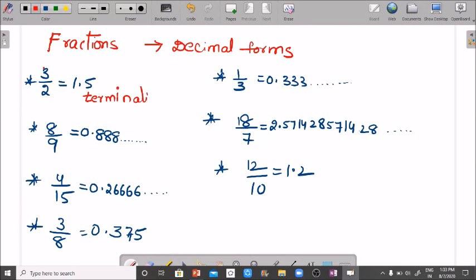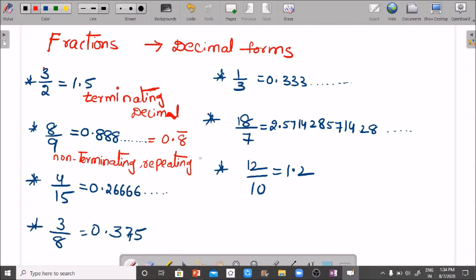Terminating decimal. Here 8 is repeating, so this can be written as 0.8 bar. This is not terminating; it is a non-terminating repeating decimal.